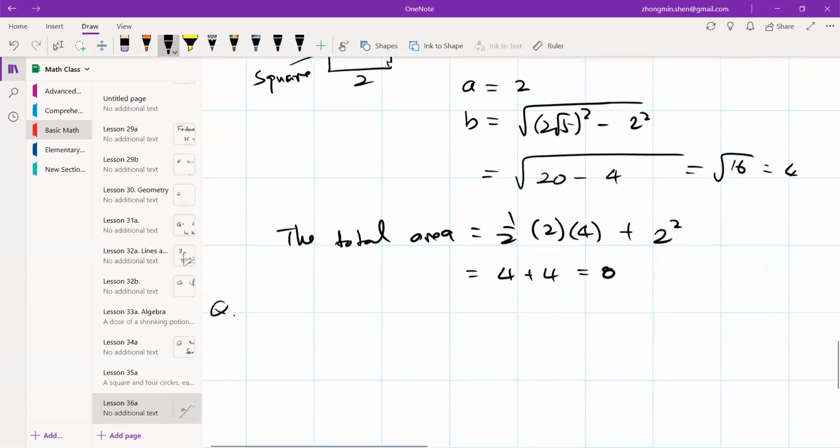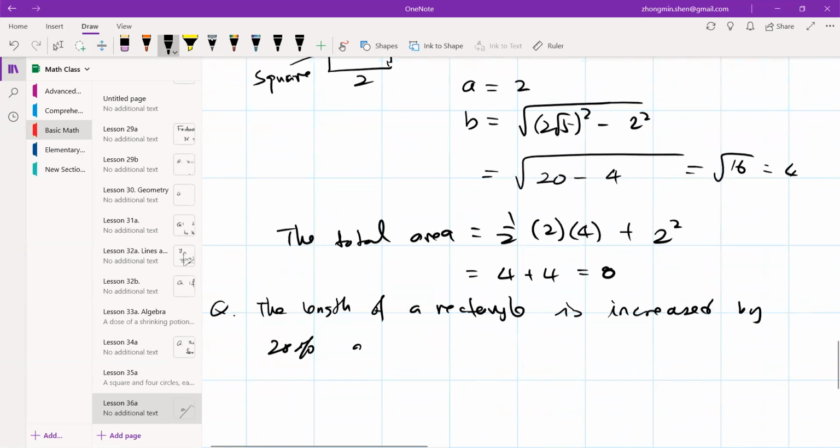All right, so our next problem is: the length of a rectangle is increased by 20%, and the width at the same time is decreased by 20%. Okay.